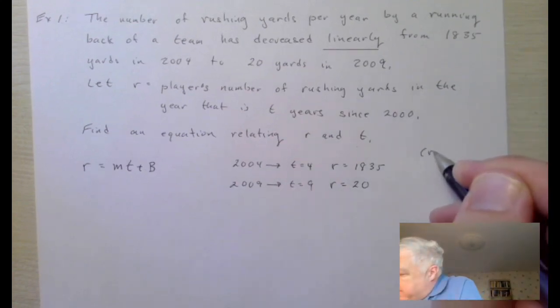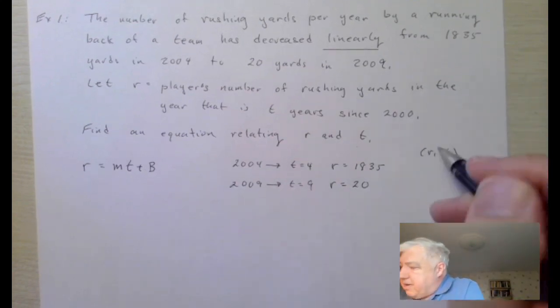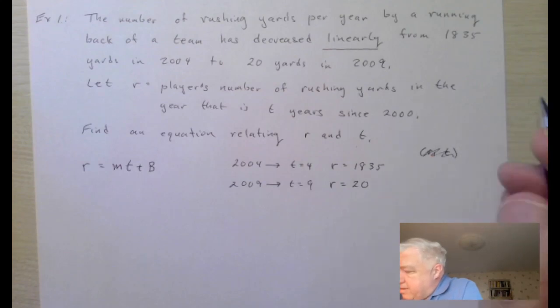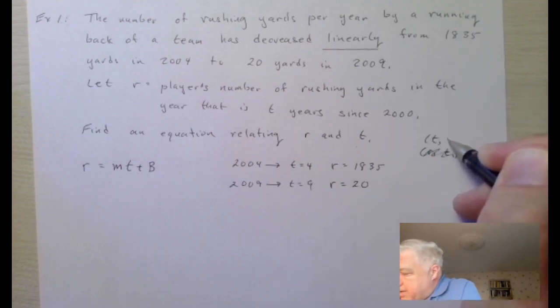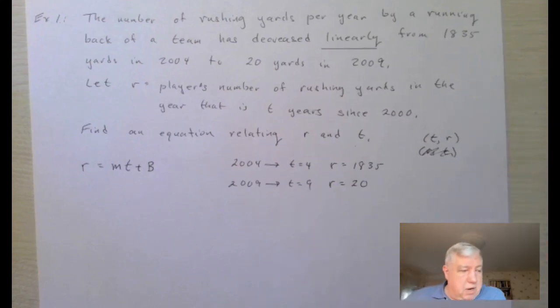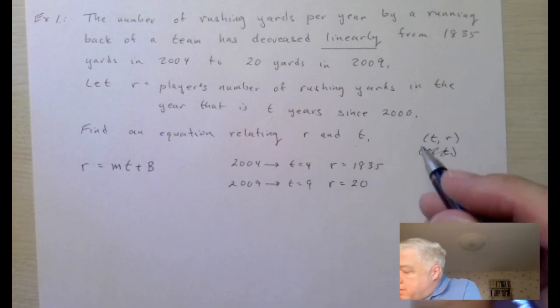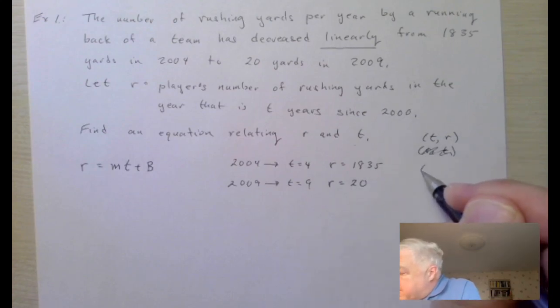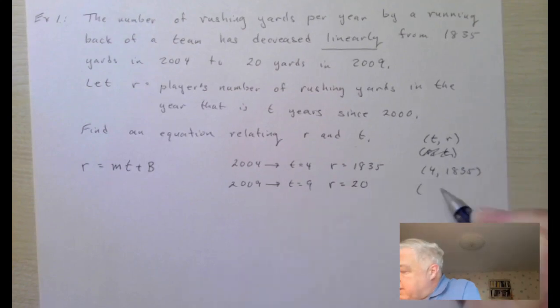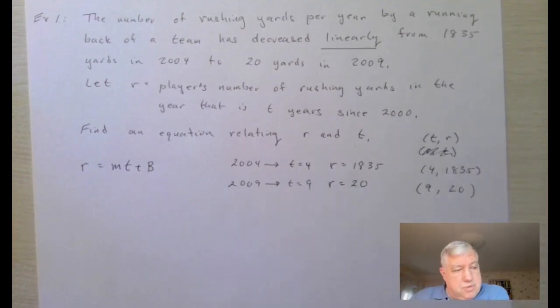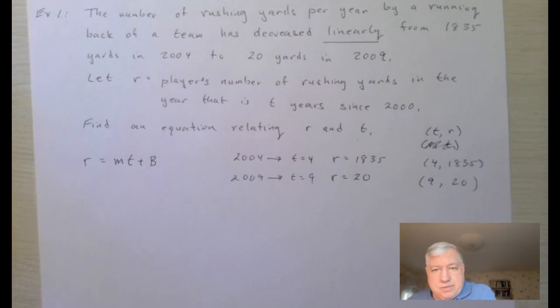If we let the first coordinate be T and the second coordinate be R, then when T is 4, R is 1835, and when T is 9, R is 20. So these are the 2 points that we are working with in this case.